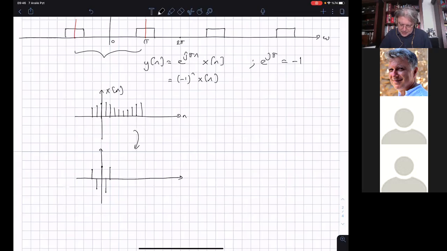I'm going to make it negative at 3, and then keep the same at 4. 5 is negated, 6 is the same, 7 is negated, 8 is the same, and 9 is negated.